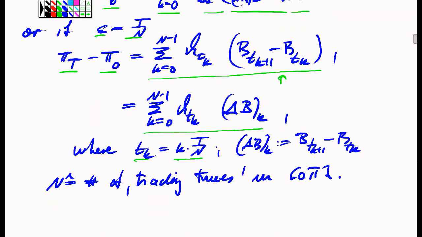And t_k, as I just said, is an enumeration of these discrete time points.